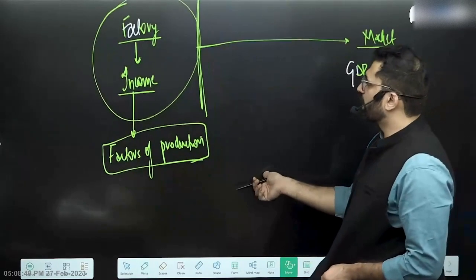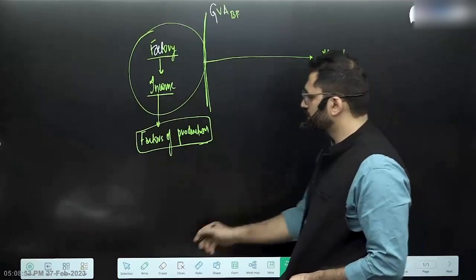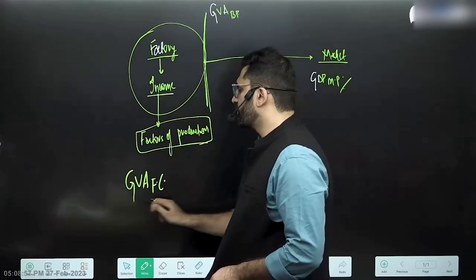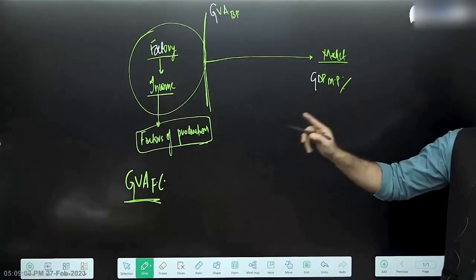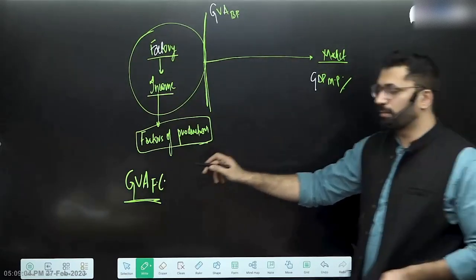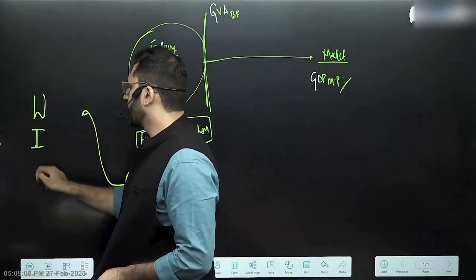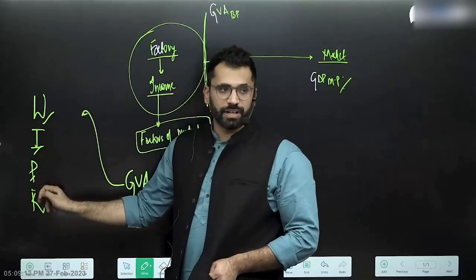Now how are they related? The gross value added at factor cost, this is what we achieve from the income method. The income method gives the gross value added at factor cost, the income to the factors of production, that is wages, interest, profit and rent.